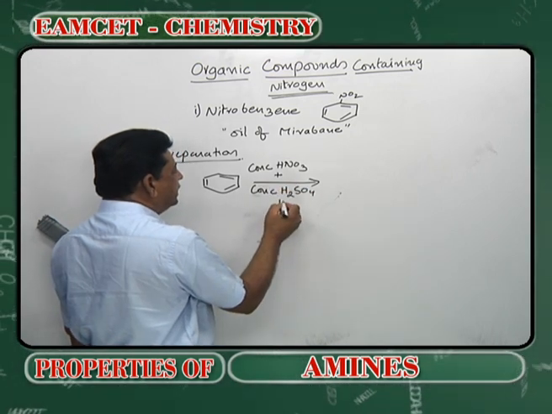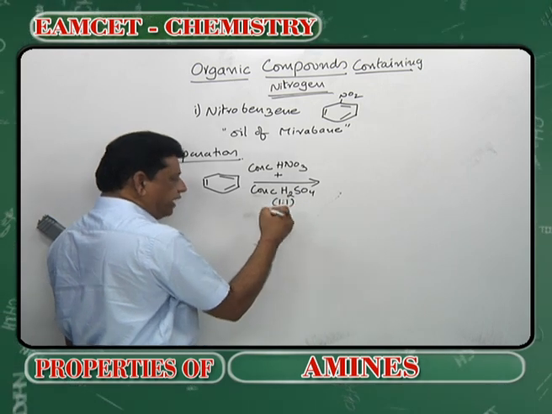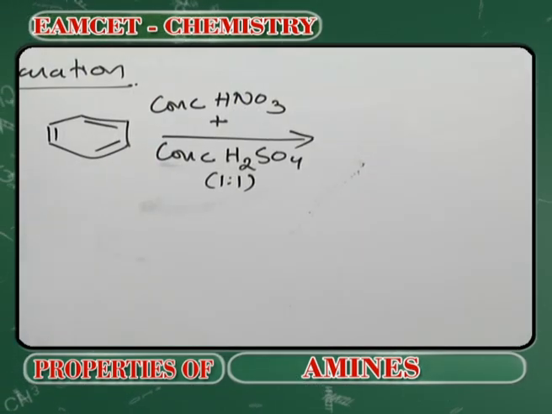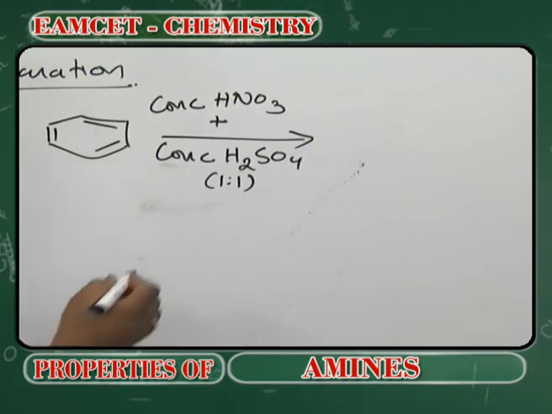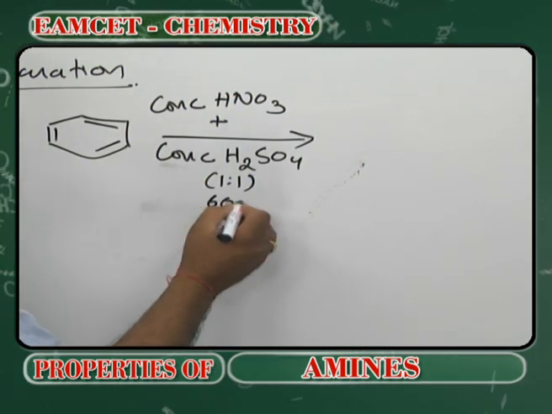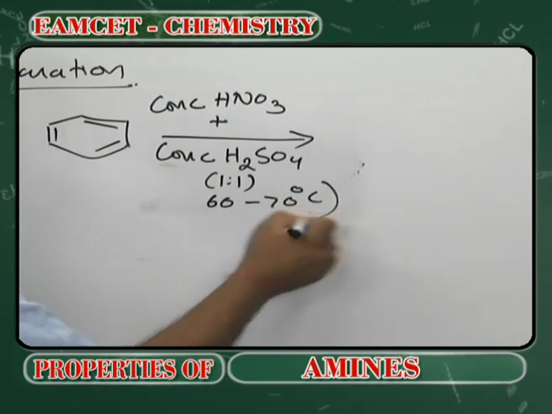Both should be mixed in 1:1 ratio outside, because when you mix these two acids heat is produced, so that hot solution is cooled to room temperature, then go on adding it to the benzene drop by drop, maintaining around 60 to 70 degrees centigrade.